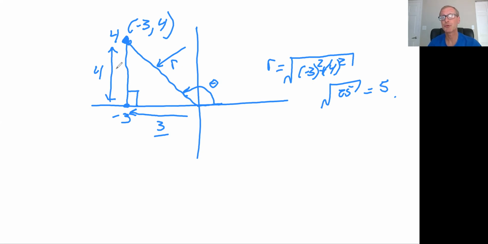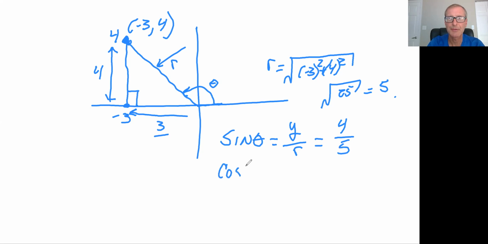Remember, we're in quadrant 2, which implies the y value is positive and the x value is negative. So you expect a positive sine, a negative cosine, and a negative tangent. Let's do them. Sine of theta is y over r, so it's 4 over 5.